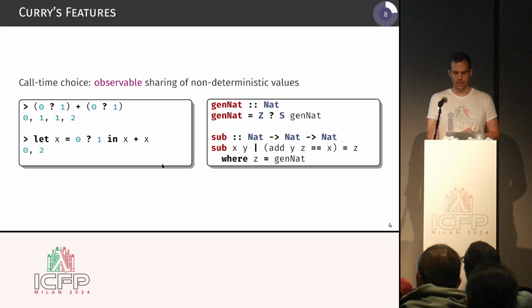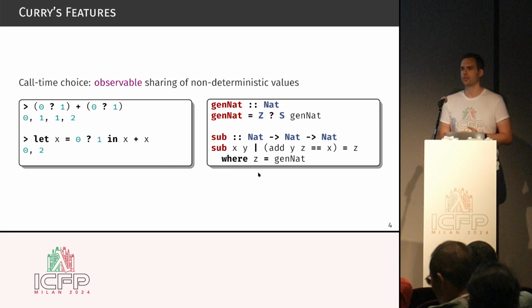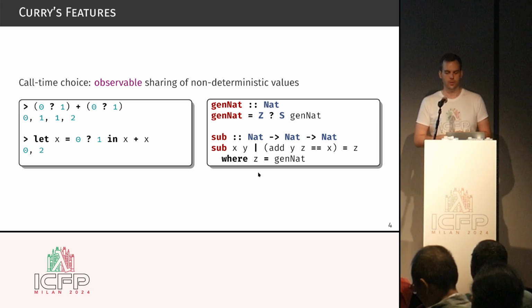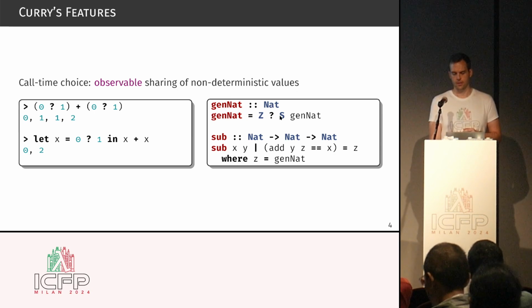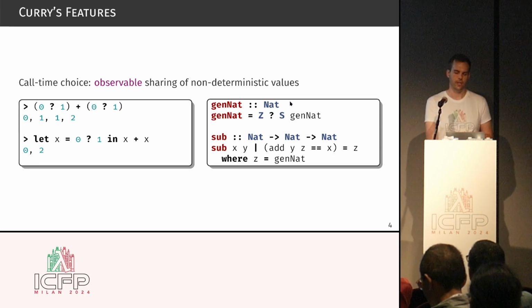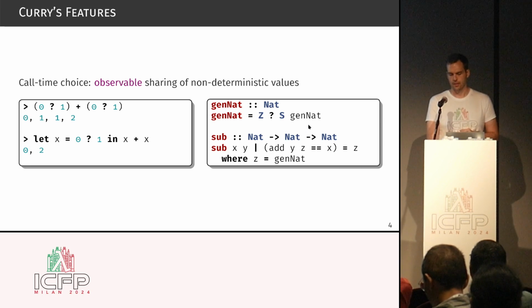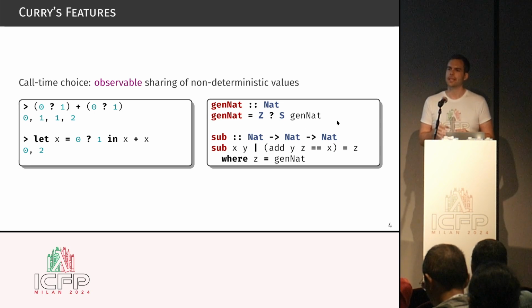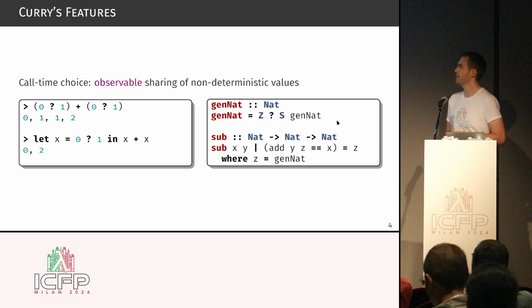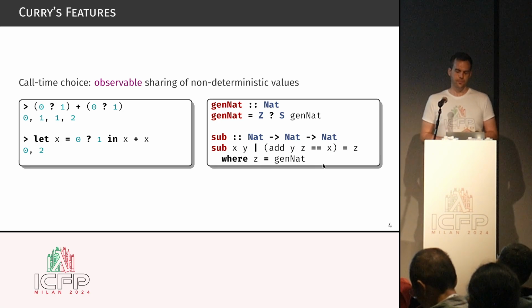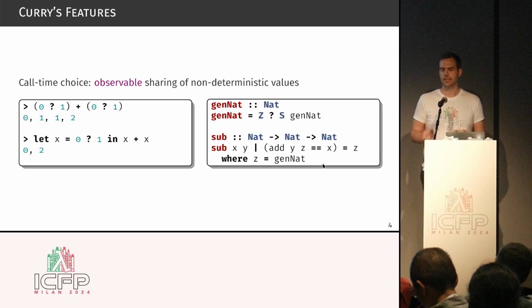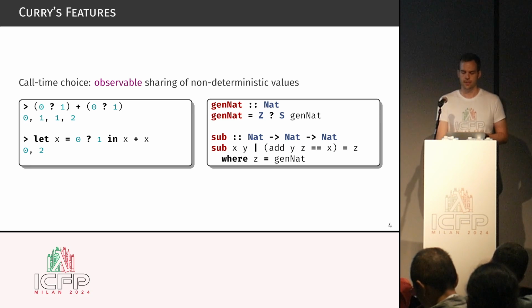Okay. What can we do with that? Well, we actually can desugar those logic variables into non-deterministic generator functions. So a generator function for nats would look like this, and it looks like a non-terminating function, and it actually is a non-terminating function. But what the laziness aspect of the language allows is that we can write basically the same as before.